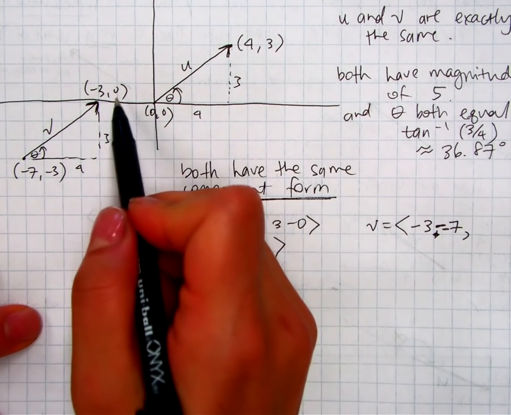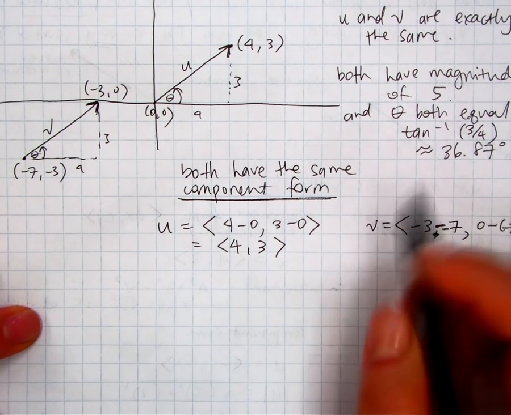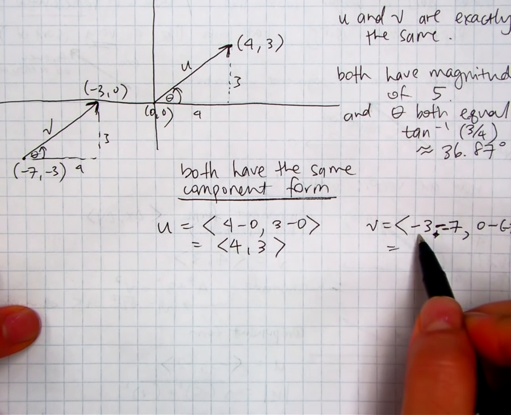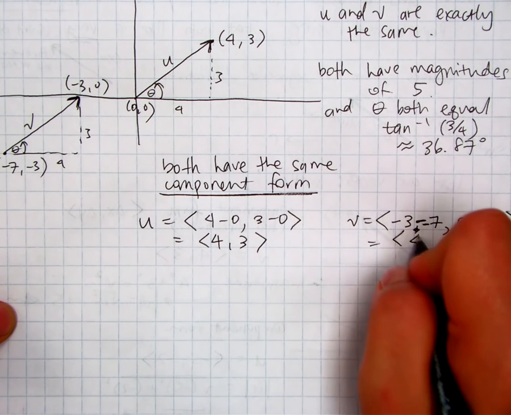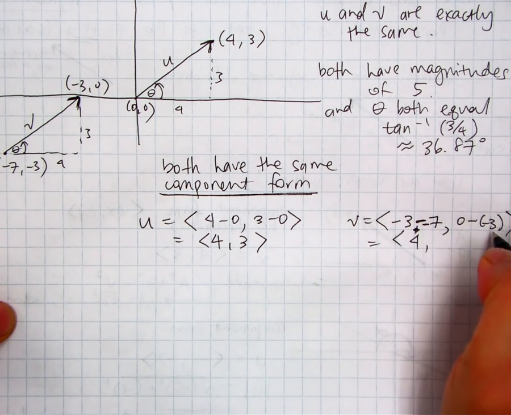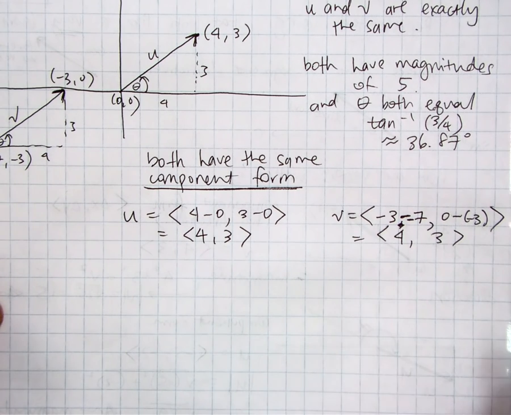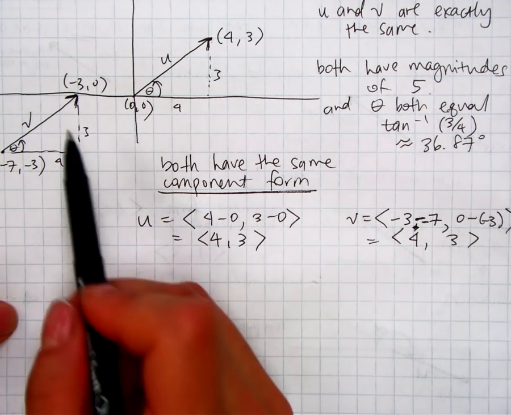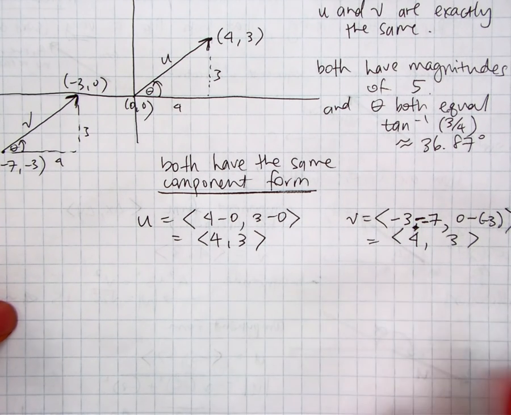And then you have 0 minus the -3. So this will give me -3 plus 7. So that'll give me 4. 0 minus -3 will give me positive 3. If two vectors are exactly the same, they will have the exact same component form.